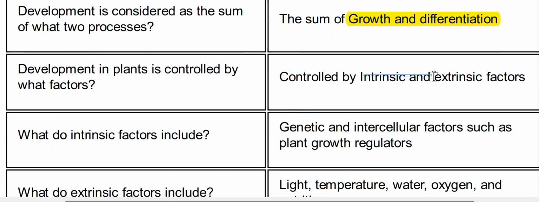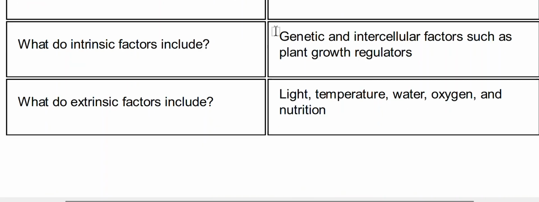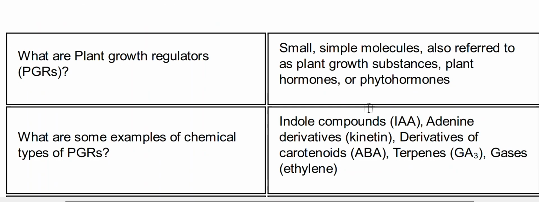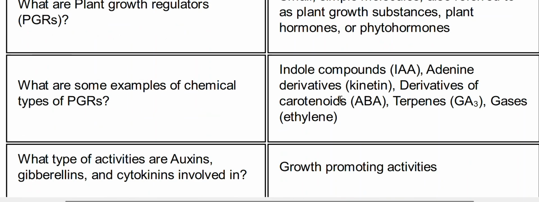Growth is controlled by intrinsic or extrinsic factors. Intrinsic means genetic or intracellular factors like plant growth regulators. Extrinsic means light, temperature, water, and oxygen. Plant growth regulators are intrinsic factors. The PGRs include indole compounds like indole acetic acid, adenine derivatives like kinetin, carotenoids, and terpenes.